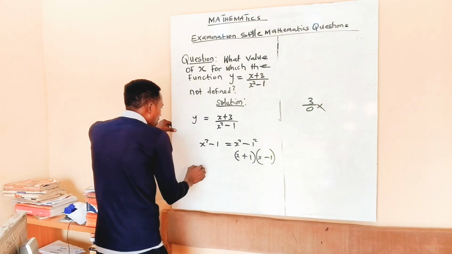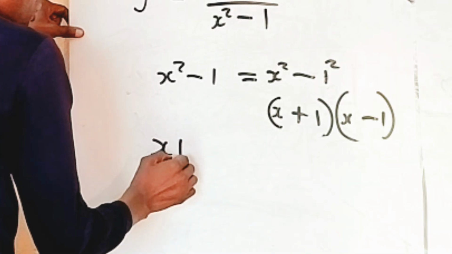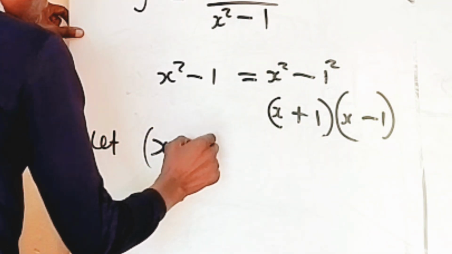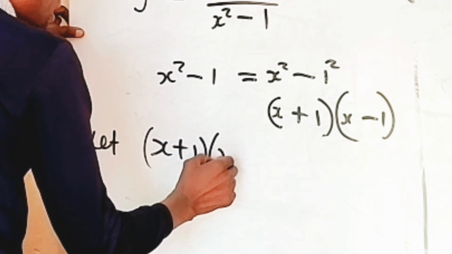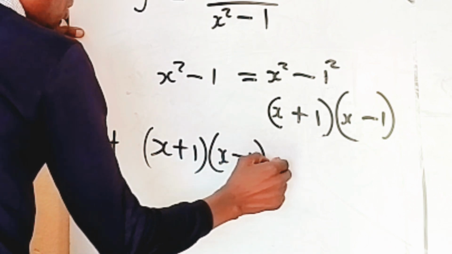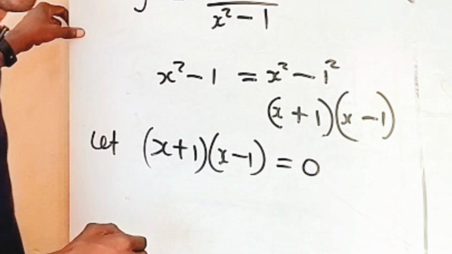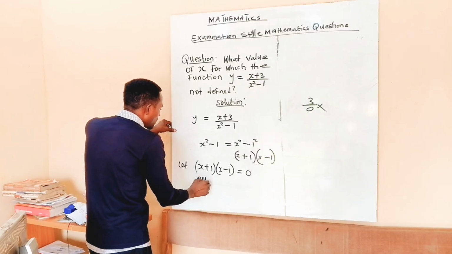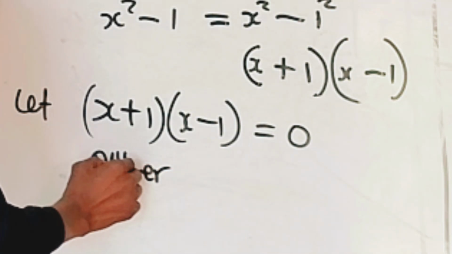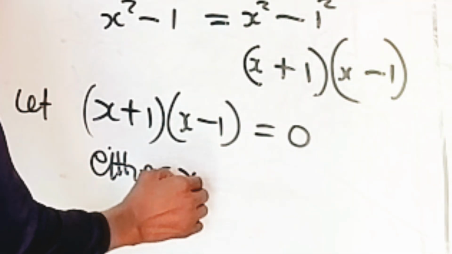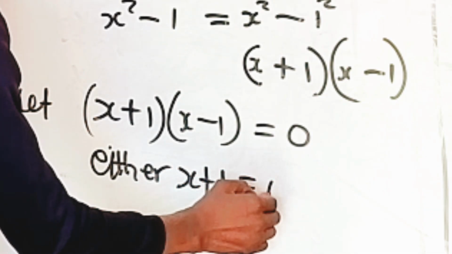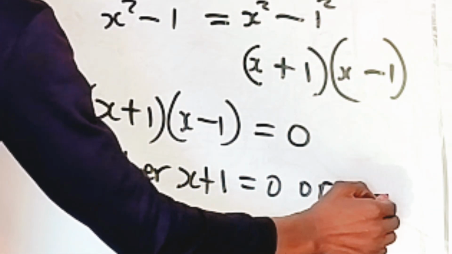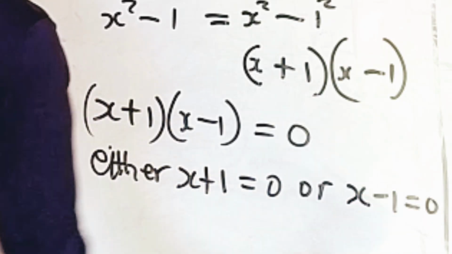Having obtained this, we now say x plus 1, bracket open and close, and x minus 1, bracket open and close, equal to 0. In that case, we'll say either x plus 1 is equal to 0 or x minus 1 is equal to 0.